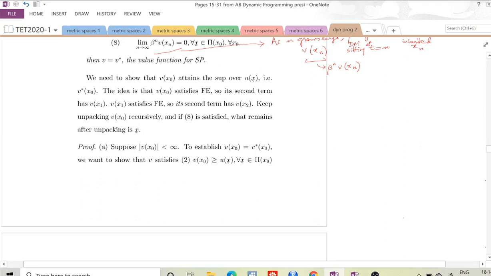So what do we have? We have that V solves Bellman's equation as above. V of x naught is finite. What do we want to establish?